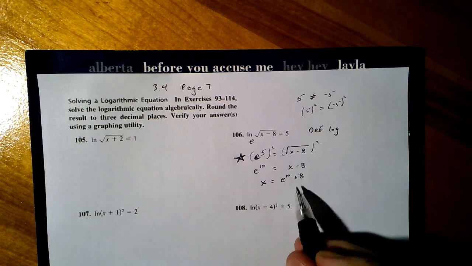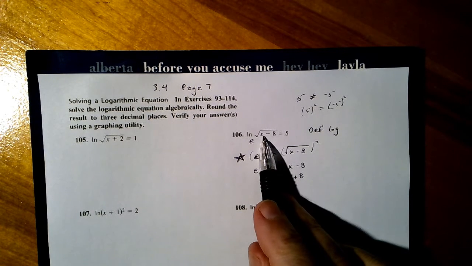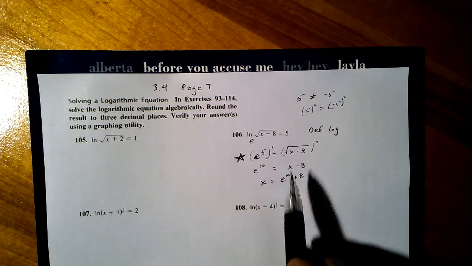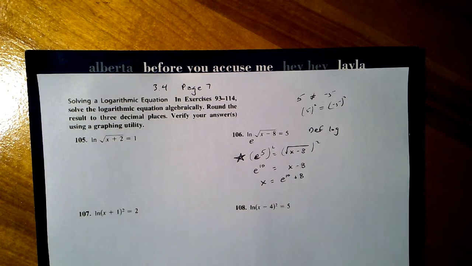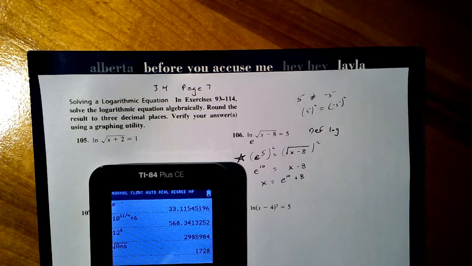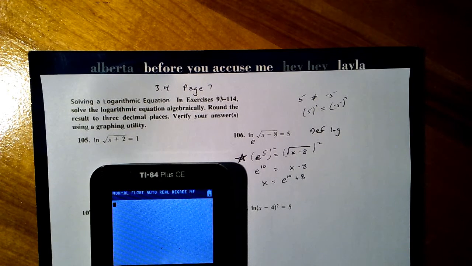And e to the 10th plus 8 is actually an okay value to put in here. e to the 10th plus 8 is going to work for us. So that's an exact answer, but let's check it because of that problem that we're squaring both sides.